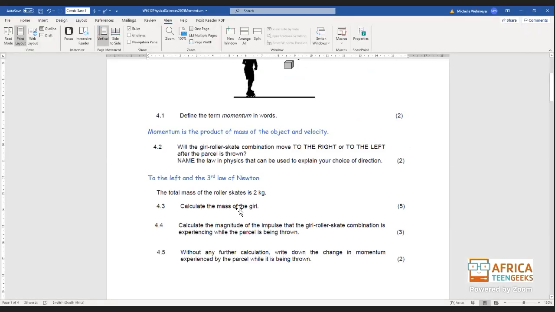Okay, and then question 4.5, they ask you, without any further calculation, write down the change in momentum experienced by the parcel while it is being thrown. So what would the change in momentum be? Any ideas?